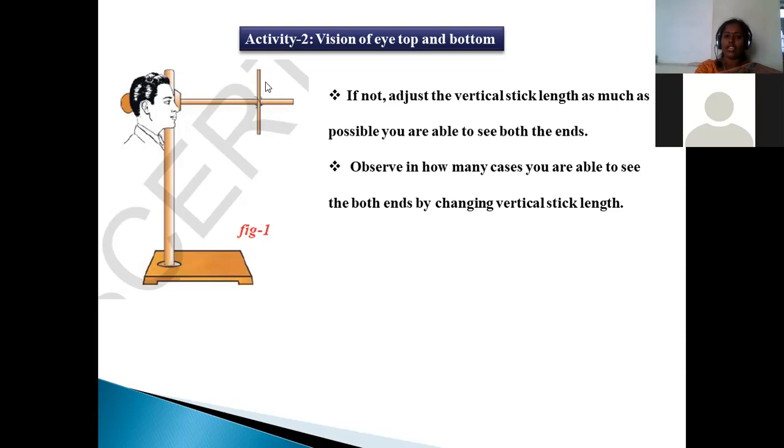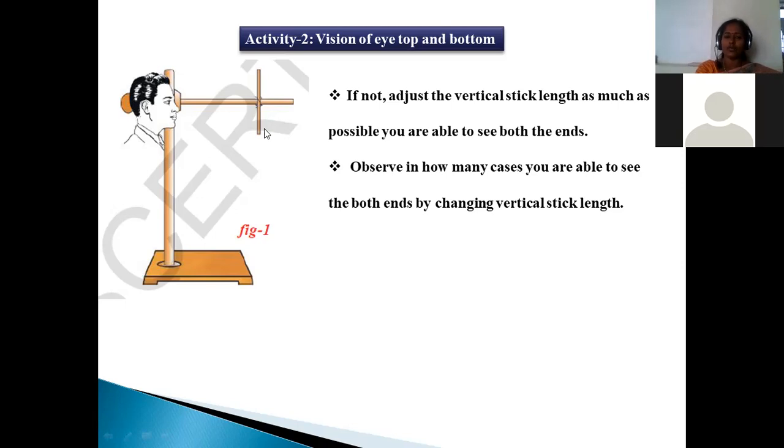If even 25 centimeters is very difficult, we replace it with 20 centimeters, up to which he is able to see clearly. Again, this angle of vision depends upon different persons. The same experiment will be repeated by changing the vertical rod length.